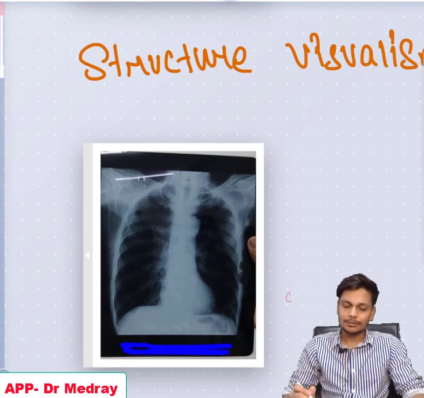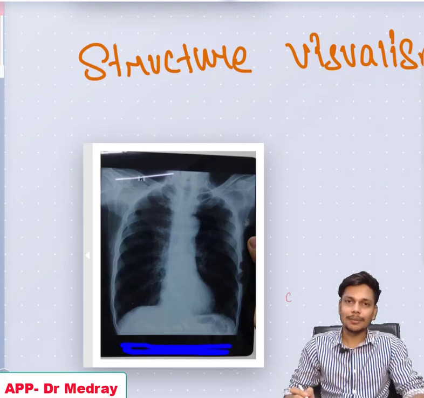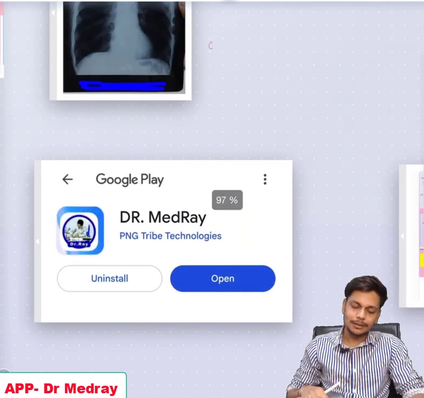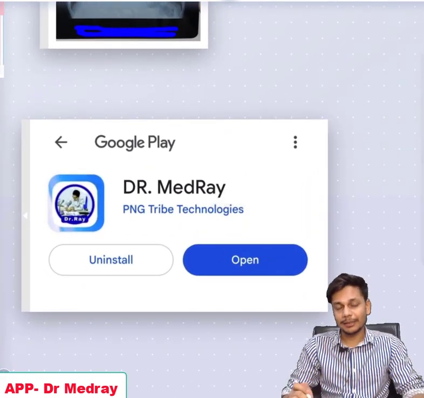So before the exam you do not need to see any images, just watch this video and go into the exam, and you will be able to identify almost every X-ray. We will discuss that.